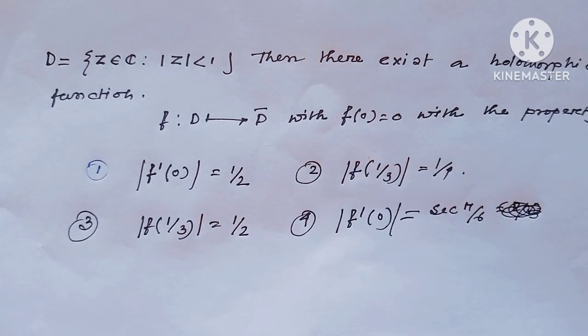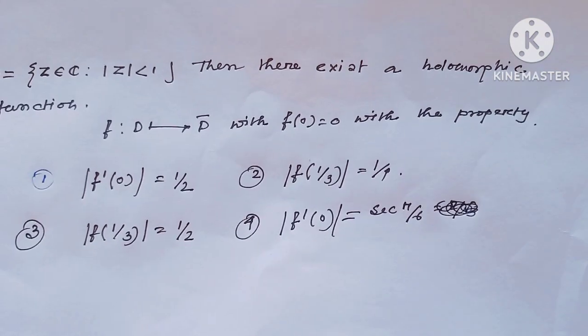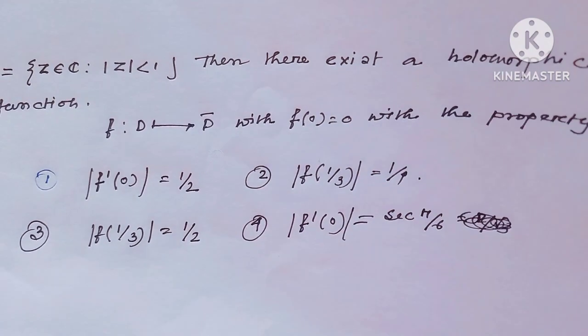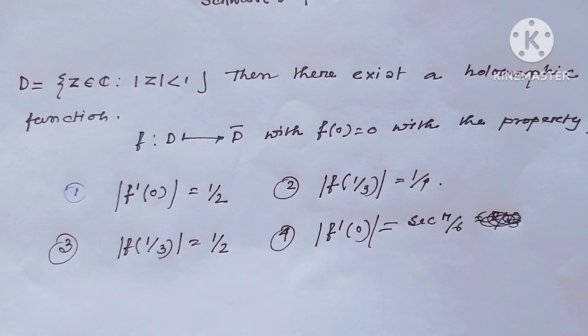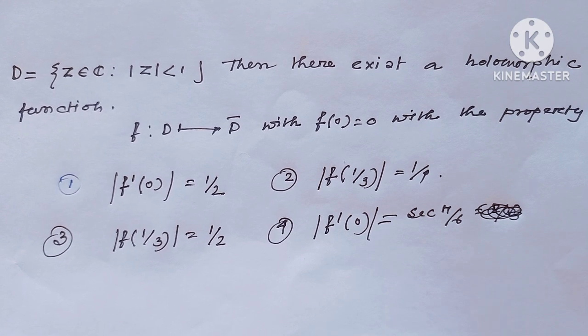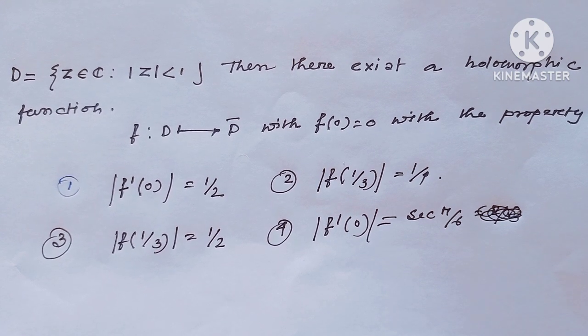See one example which came in a NET exam. D equals the set of z belonging to the complex numbers such that modulus of z is less than 1. Then which of the following statements is true?